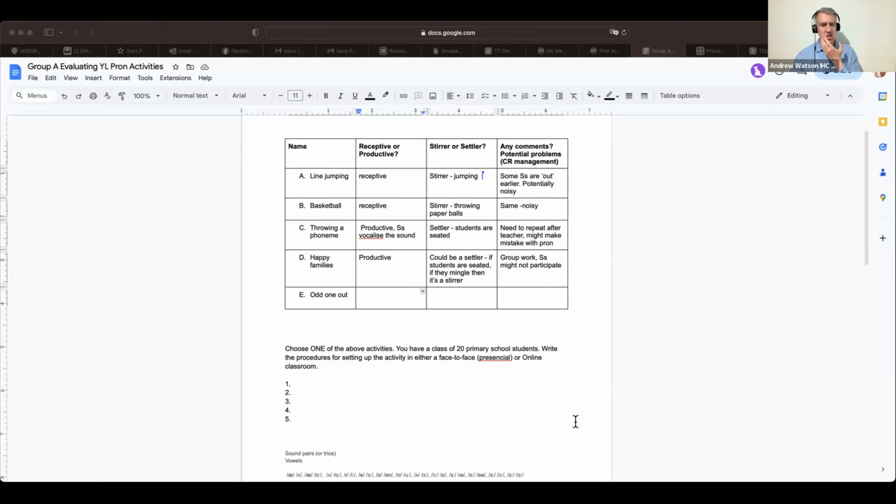So I would say productive. Again, if they're mingling, then it could be a stirrer. If it's a settler, then they'd be sitting down.